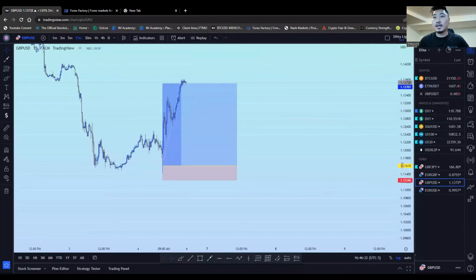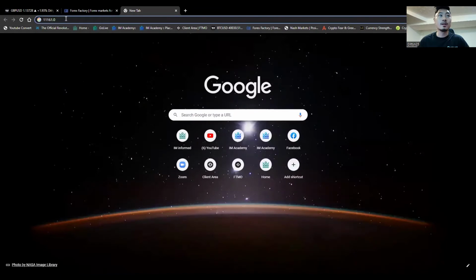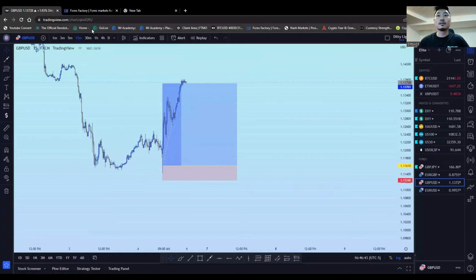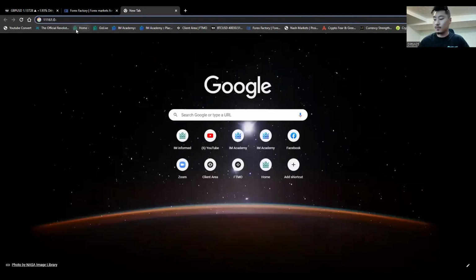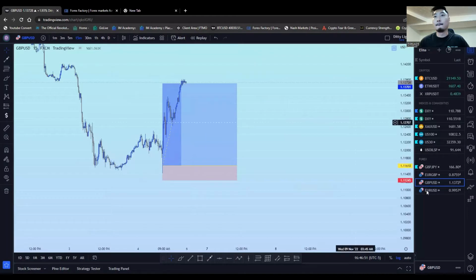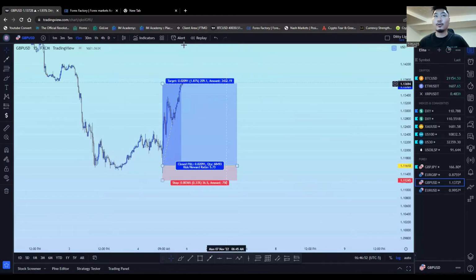So what I did is I just take the dot here and I put it after the fourth decimal. There you go. And then I do minus what? The stop loss. So it's 111, 24.5.